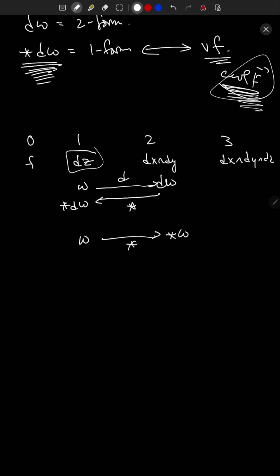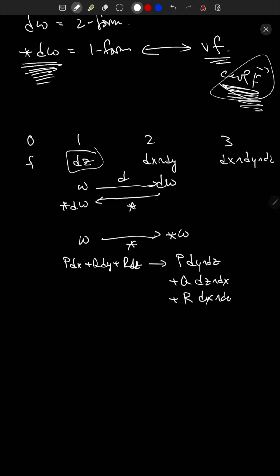This is actually very simple, because p dx plus q dy plus r dz just goes to p dy wedge dz plus q dz wedge dx plus r dx wedge dy. This is a super simple correspondence. But now what I can do is take d and move to a 3 form. So d star omega.